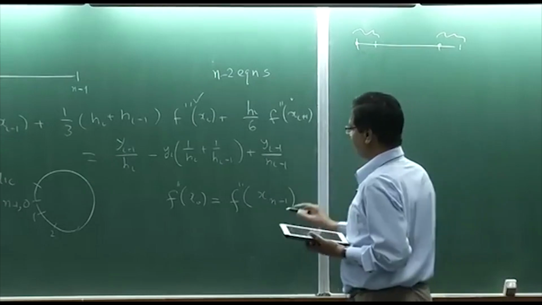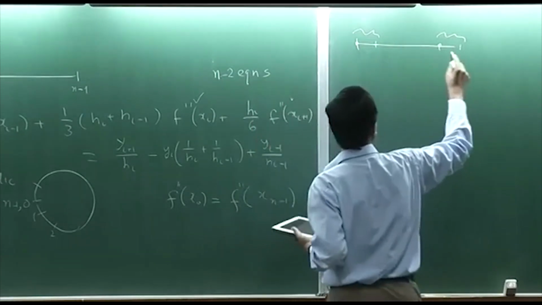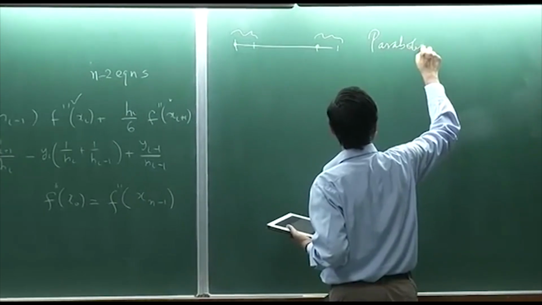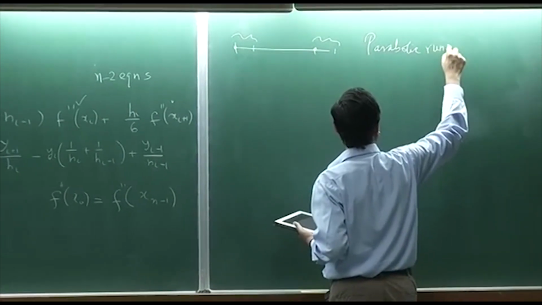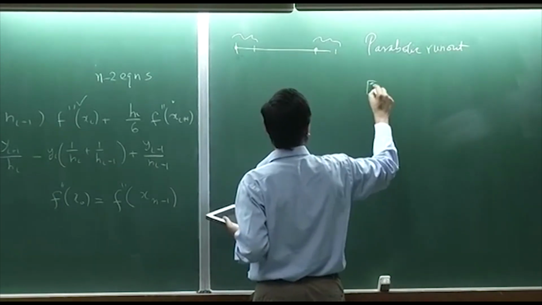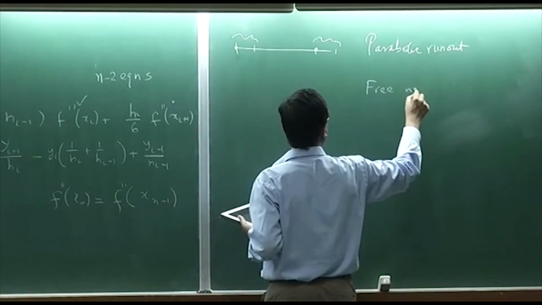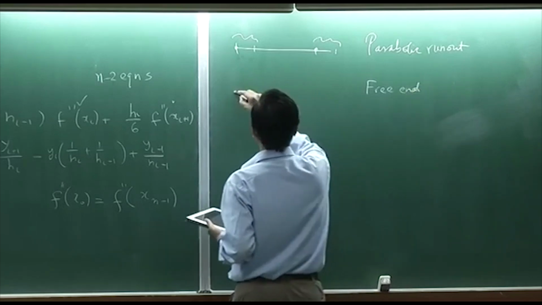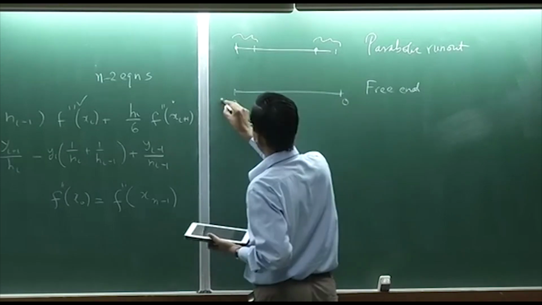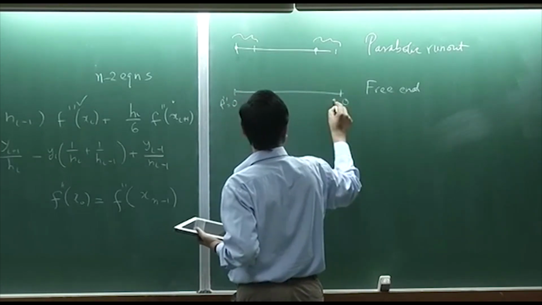So this is periodic, this is parabolic run out, and then free end. These 2 points have 0 double derivative. f double prime is 0 here.